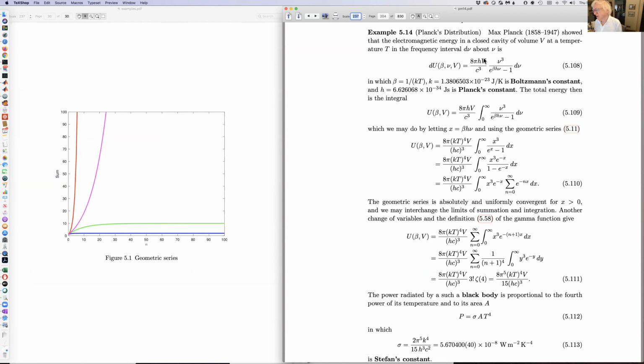With a bar, it's Planck's constant over 2 pi, but this is just Planck's constant, which of course is around 7 times 10 to the minus 34. So he showed that this was the amount of energy in this frequency range.